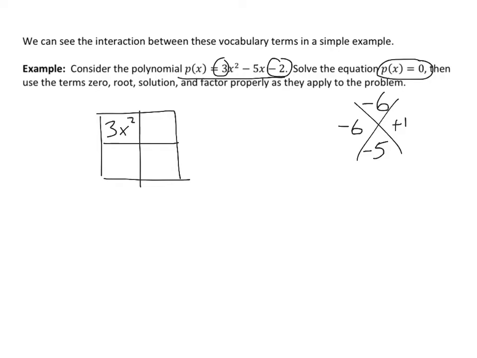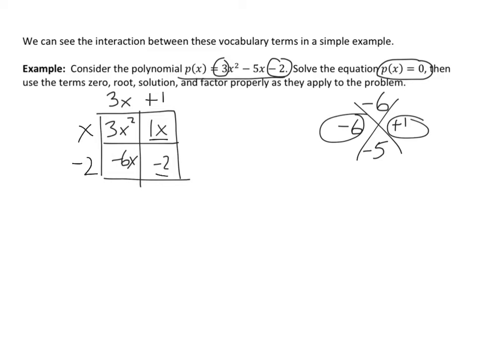So you'll have 3x squared here, -2 here, and then you use these two numbers to construct these. And then you're pulling out what these factors are. If these two things have a 3x in common, then this would have to be x, and this would have to be -2, and then this over here would have to be +1, and then we double check, yep, those things work. Great.